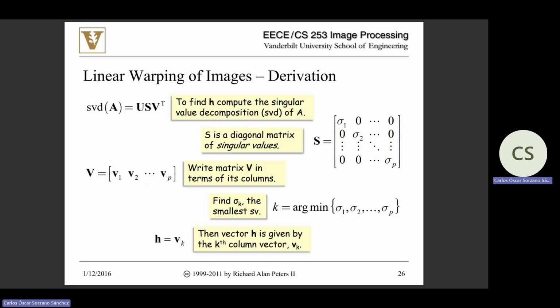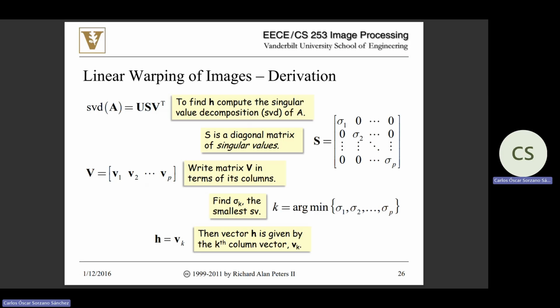And this expansion has a diagonal matrix with the singular values, and it has somehow the equivalent of the eigenvectors, but now they are the basis of a column space. So here we have the basis of that column space.